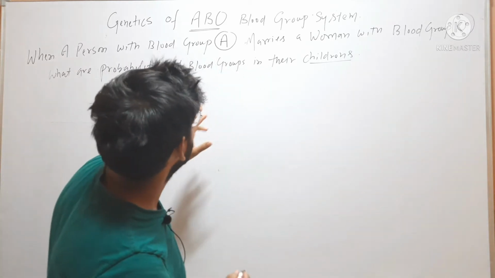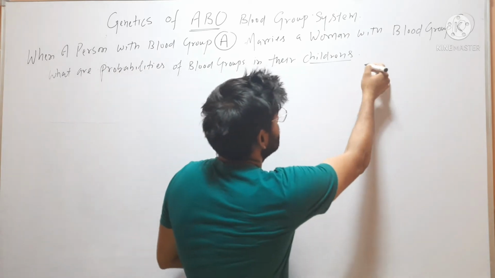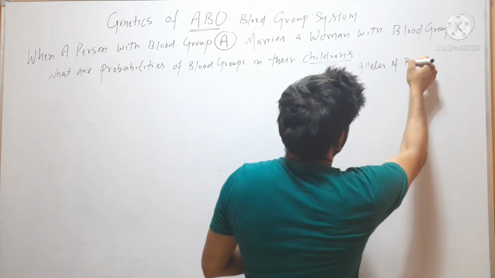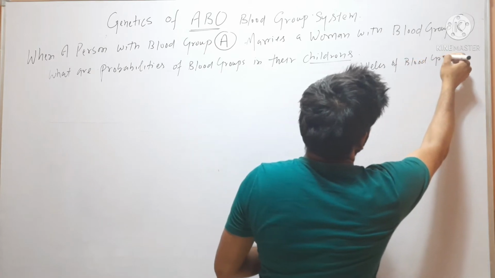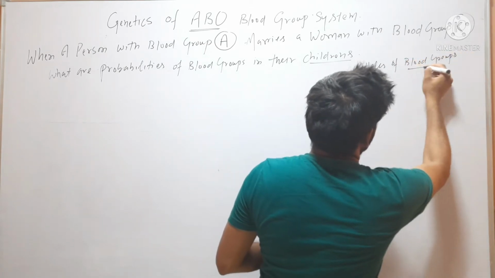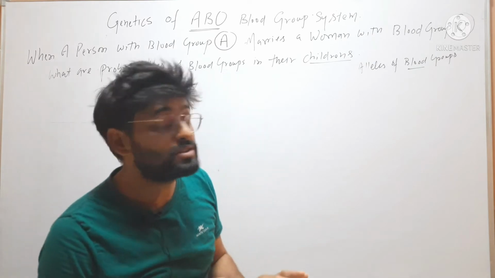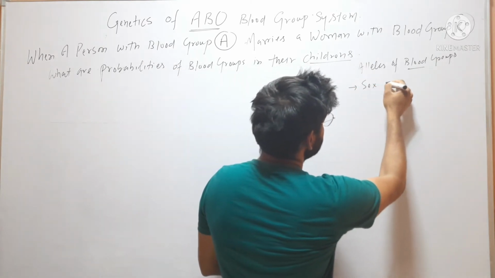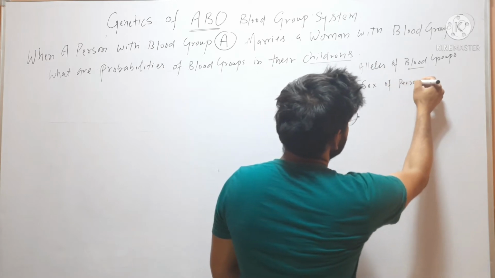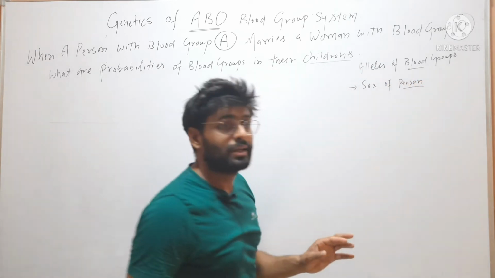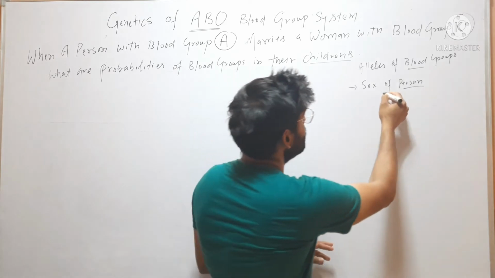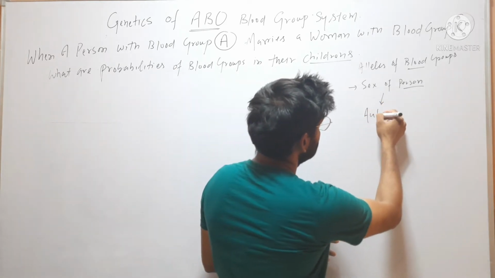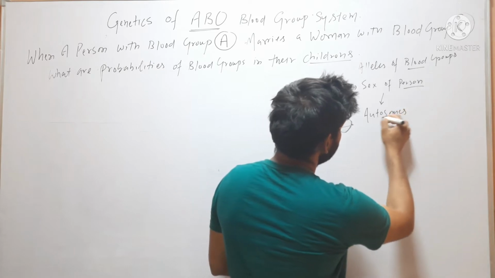First of all, alleles of blood groups are not influenced by the sex of the person because they are present on autosomes.